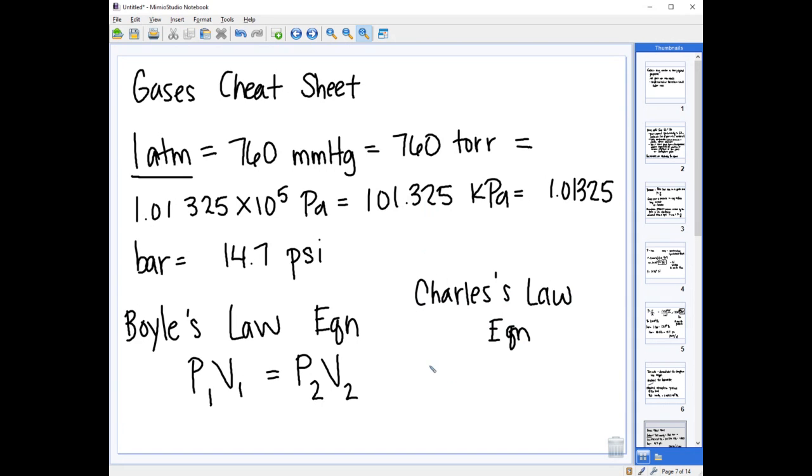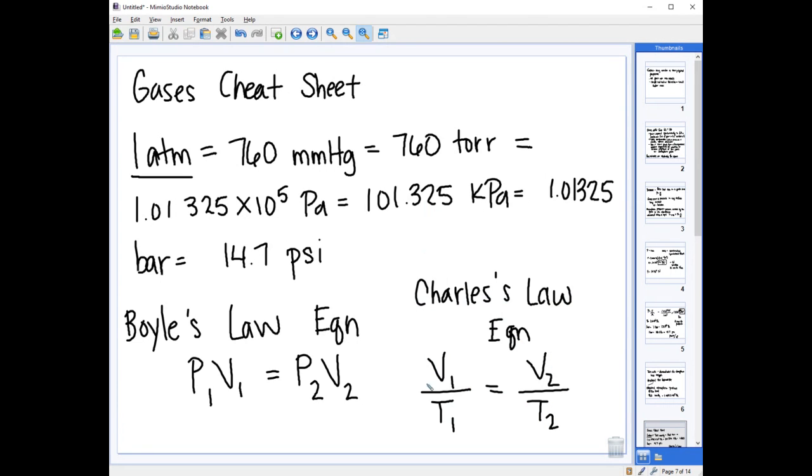And so we've got a little bit different thing here. V1 divided by T1 is equal to V2 divided by T2. Because they're a direct relationship, I'm going to divide instead of multiply. So my Charles's law equation is V1 divided by T1 is equal to V2 divided by T2.